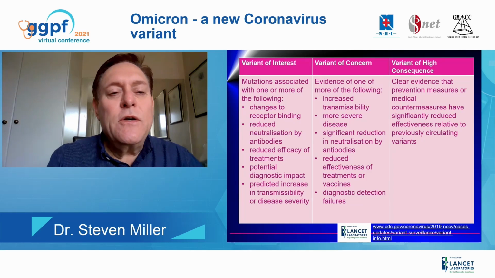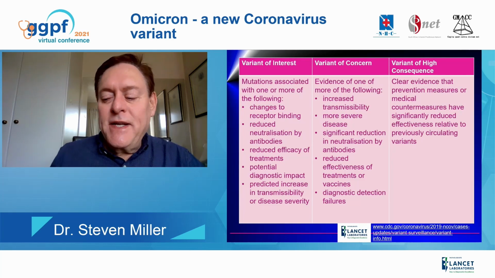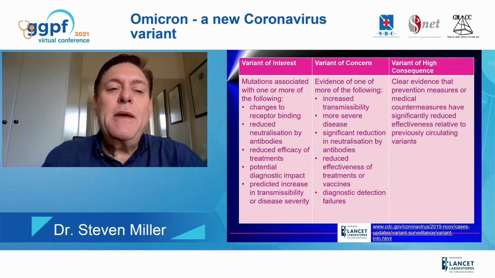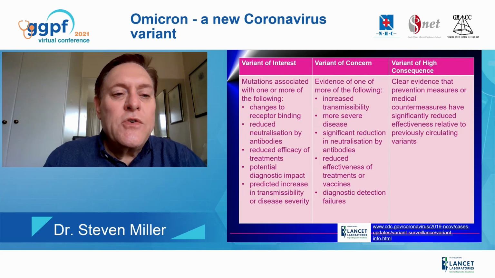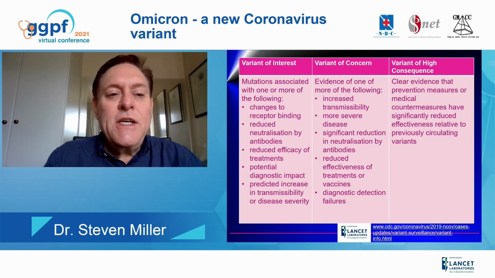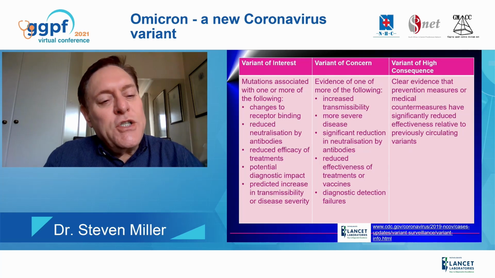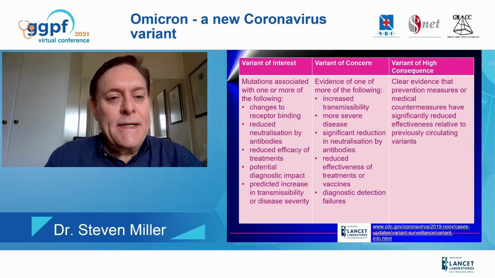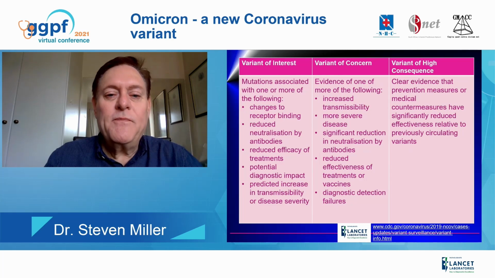So when a variant arises, it's designated by several terms. It may be called a variant of interest. That is where the mutations that have been recognized change some feature of the virus, but the change that occurs is thought to be of minor clinical or epidemiological importance.